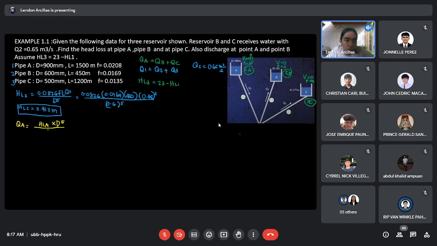Okay? And then since naka-square to, dapat naka-square root dito. So ang baba niyan ay ang denominator niya is 0.0826 f times L. Okay, so this is algebra only. We need to find the Q in terms of this formula.